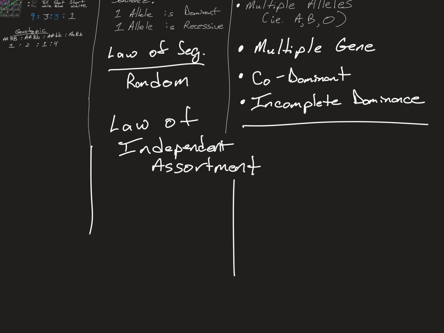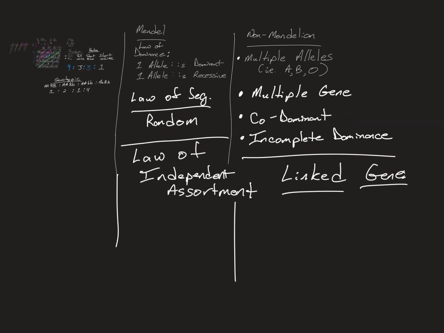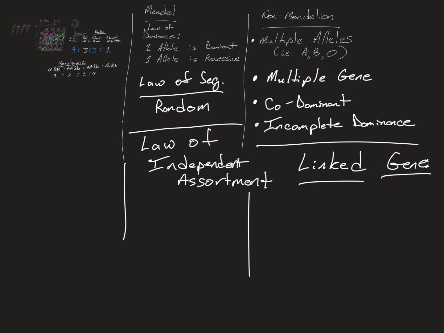The exception to this law is when you have linked genes. Linked genes are genes that are found on the same chromosome, very close to one another. Then they're not going to sort randomly. They're always going to move together. So this Punnett square only works for genes that are independently assorted randomly. Those are Mendel's laws.